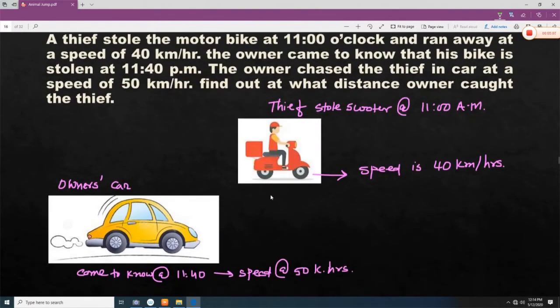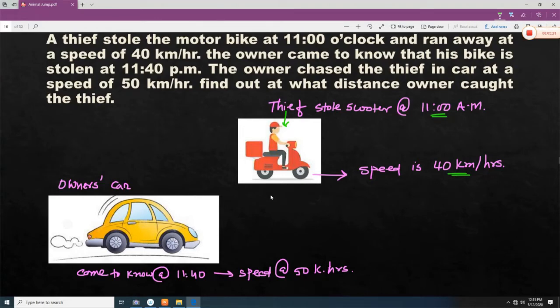Next example: a thief stole a motorbike at 11 o'clock and ran away at a speed of 40 kilometers per hour. So let's say this is the thief. He stole the motorbike at 11 am and his speed of travelling is 40 kilometers per hour. The owner came to know that his bike was stolen at 11:40.